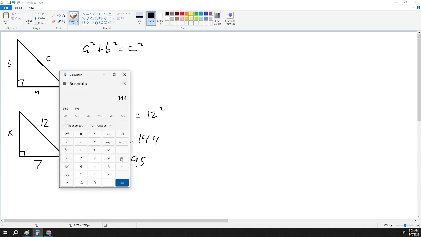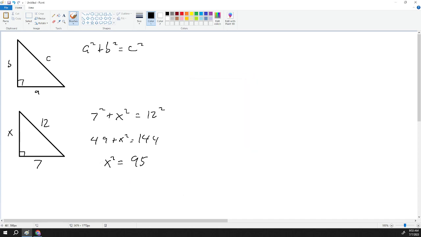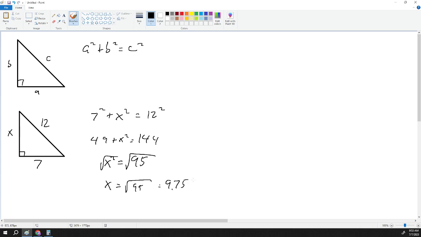Okay, 144 minus 49. Yes, 95. And square root both sides to leave it x. We are left with the square root of 95, which is equal to 9.74. But since 6 yung ano, we round it up. 9.75. Okay, so that's our Pythagorean theorem.